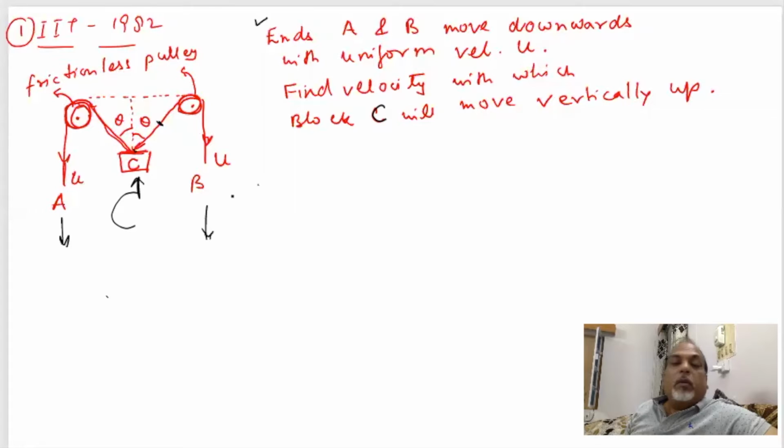Here, suppose this is going with velocity u downwards. Suppose this moves x distance in time t. Then what will happen? This is your x distance.